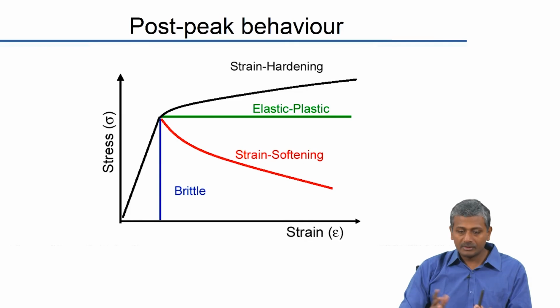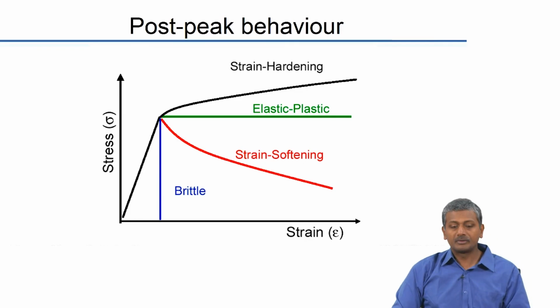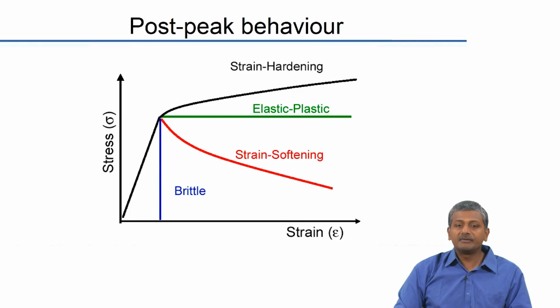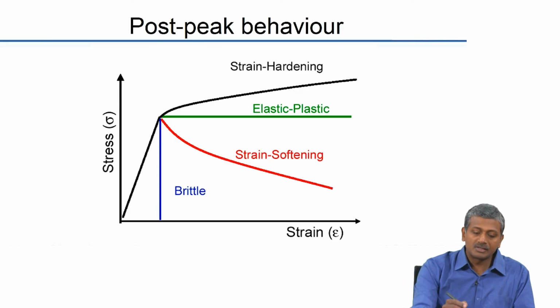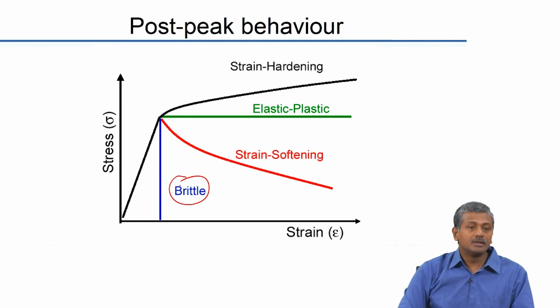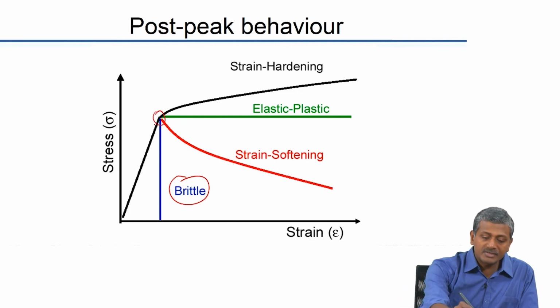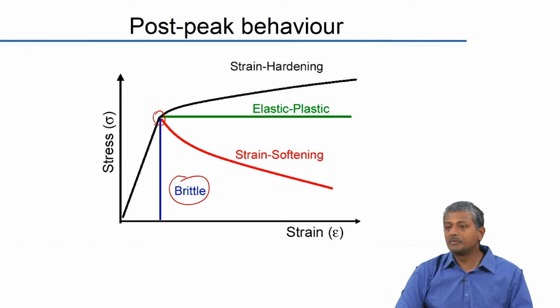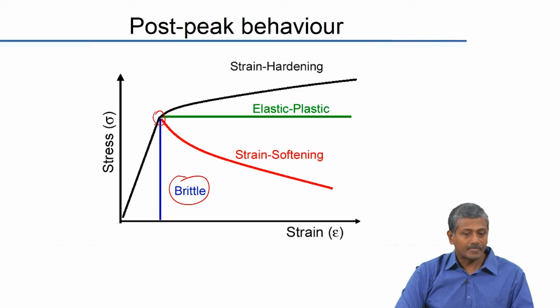So, I will stop with this for today. Post peak behavior is different for different types of systems. So, obviously, the brittle behavior is exhibited by materials like chalk, right, where after the peak stress is reached, there is no more deformation capability in the material, and then you have a complete collapse. Okay.